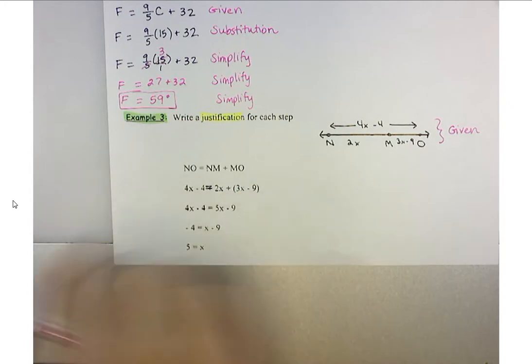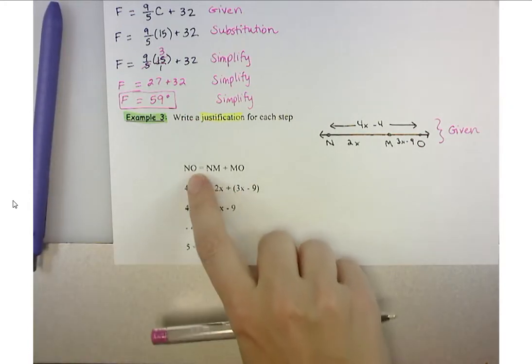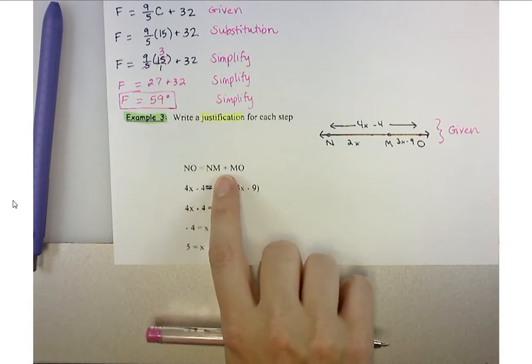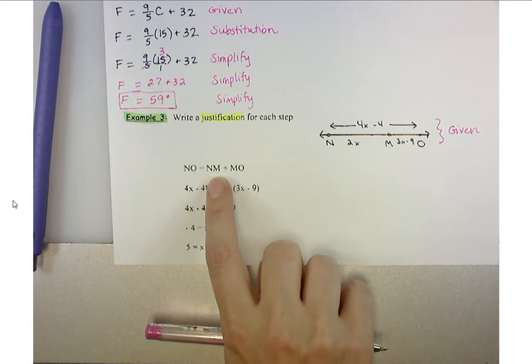Okay, so for this one, does anybody remember what special thing that is? What's this called? NO equals NM plus MO. If it's transitive, there'll have to be three different things that are equal, transferring the equality.